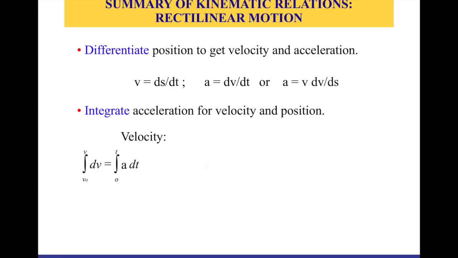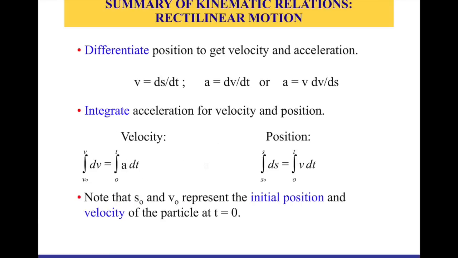If we want to find the velocity, we integrate acceleration, and if we want to find the position, we integrate the velocity. Note that in all of these, the integration limits are very important, and we're going to solve problems to show how we can use them. If you have s0 or v0, those are the initial position and the initial velocity of the particle at time equals 0.